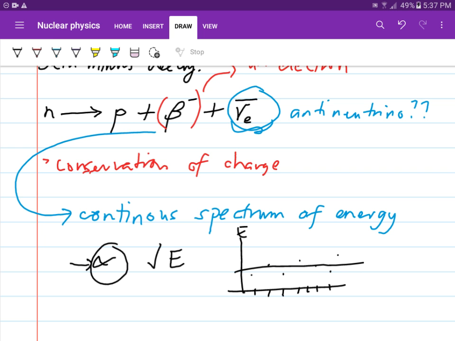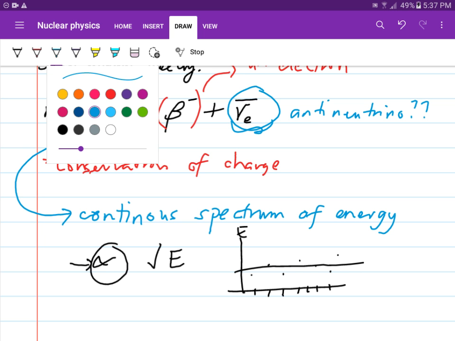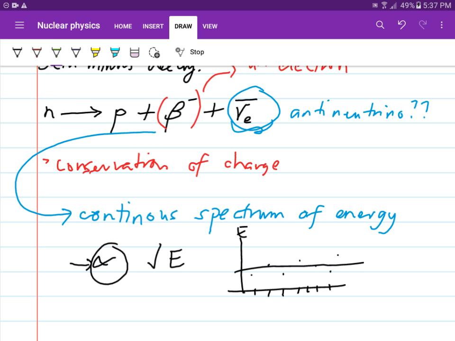So there should be at least two particles sharing the release of energy, so that it's not always definite. Sometimes it's high, sometimes it's low, but the important thing is there is another particle contributing to the continuous spectrum of energy.